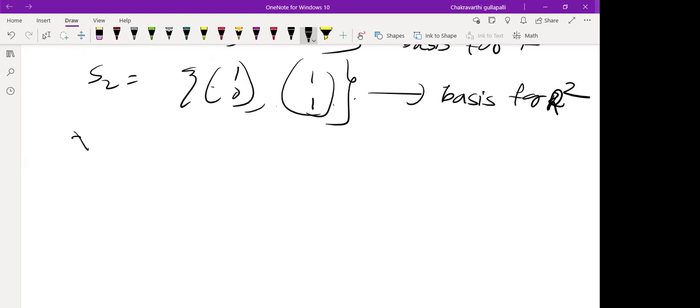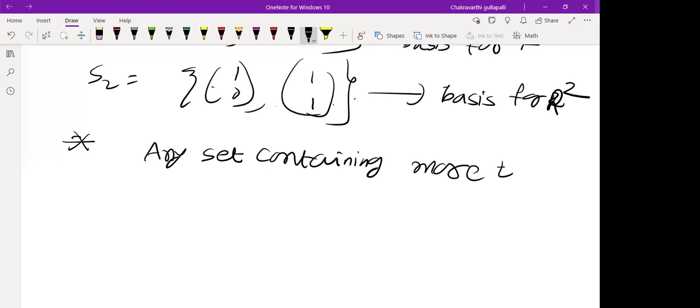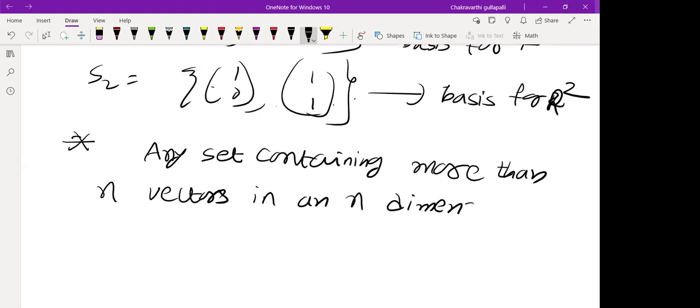A corollary for this, a very important remark: any set containing more than n vectors in an n-dimensional vector space is linearly dependent.